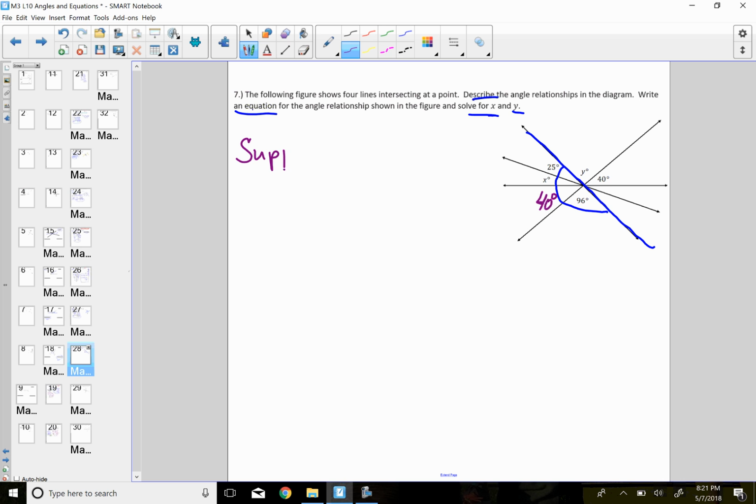The supplementary angles that make that line would be the 25 plus the x plus the 40 plus 96. That equals 180 degrees.